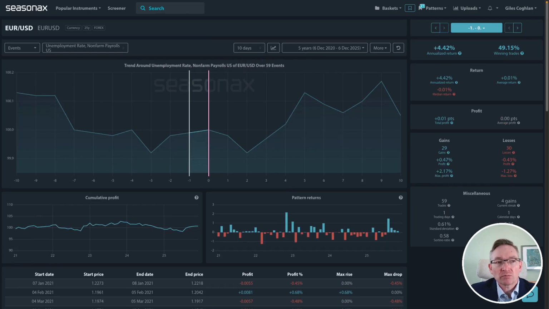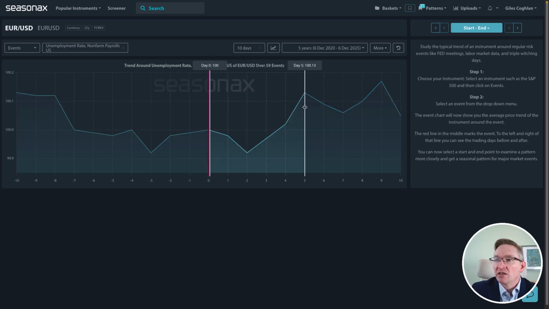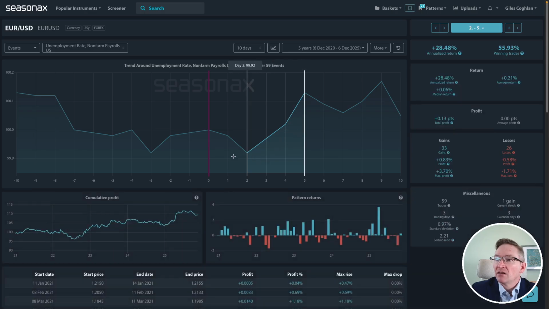What event studies do is help you make better decisions around major news events. Here are the common ways to use it. Should you hold a position into the event or reduce exposure? If you look at non-farm payrolls here, you can see there's a tendency for the euro dollar to gain in the couple of days after the non-farm payroll.